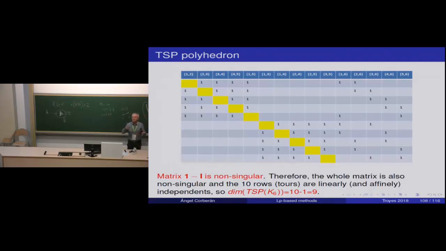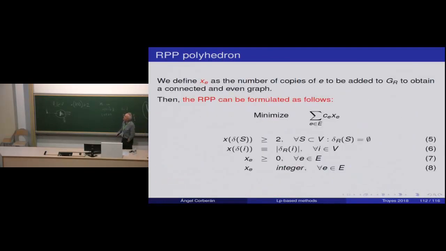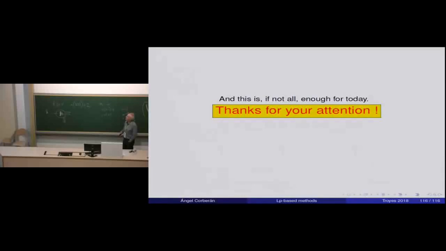To prove that some valid inequality is a facet is to prove the same, but the feasible solutions can only be those that satisfy your valid inequality with equality, and then prove that the dimension is 1 less than the dimension of the polyhedron. I have a few more easy examples, but we don't have time, so this is enough for today. Thank you very much.